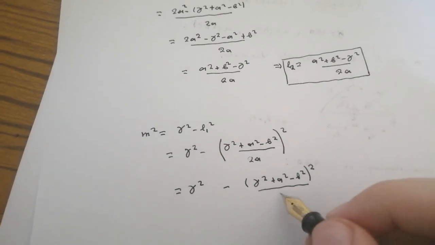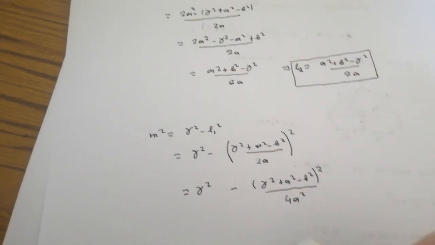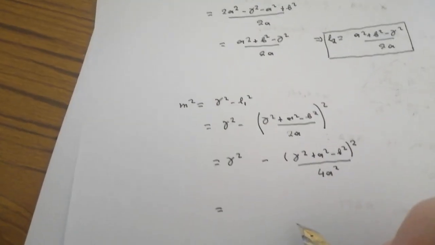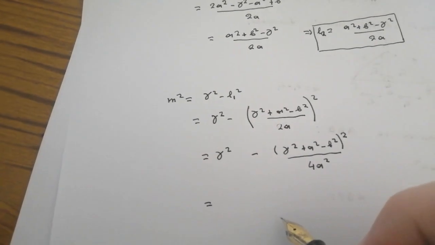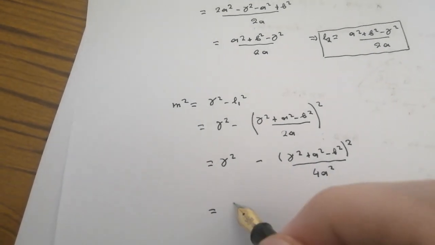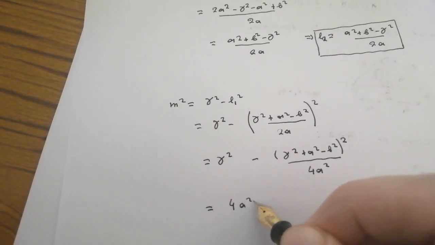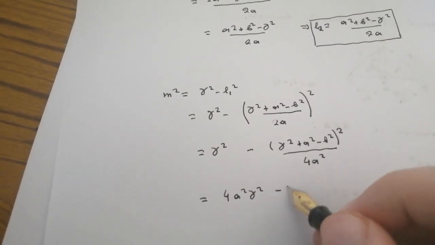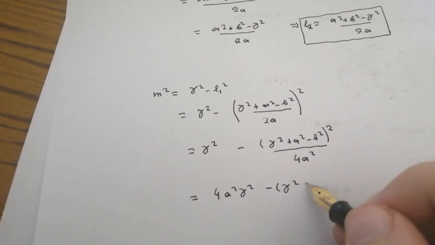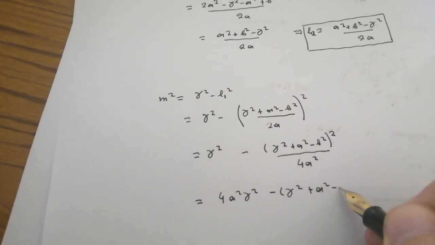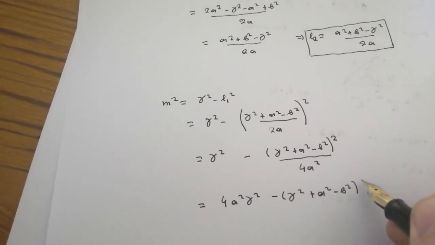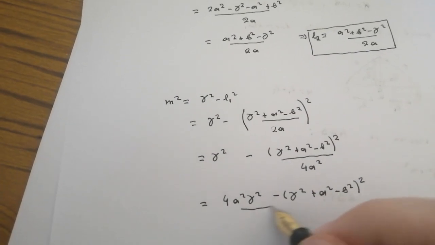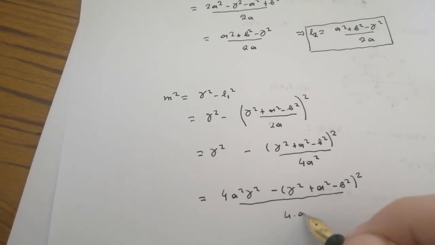We use the properties of the difference of squares, over 4 times alpha squared. This can be written as (4 alpha squared gamma squared minus (gamma squared plus alpha squared minus beta squared) to the power of 2) over 4 times alpha squared.